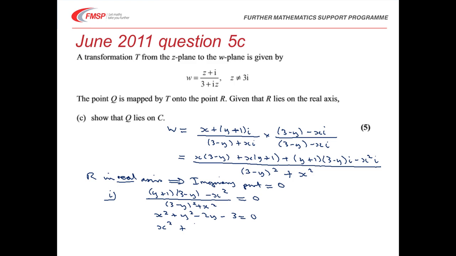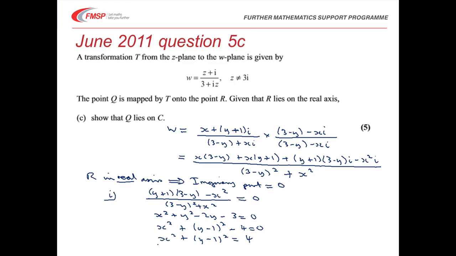If we complete the square on the y terms, I get (y minus 1) squared, but I need to take off a 1 there in order to complete the square. In other words, x squared plus (y minus 1) squared equals 4.